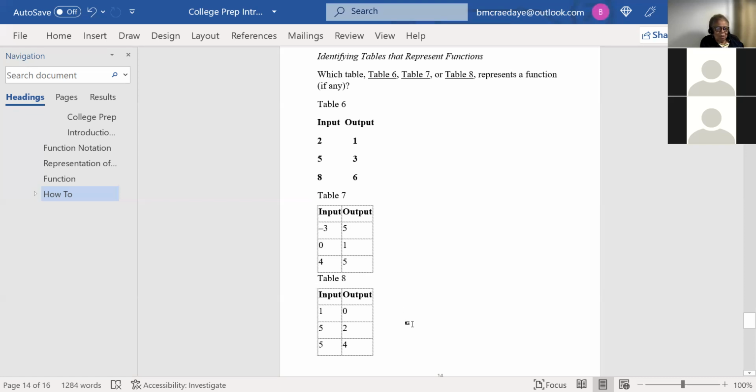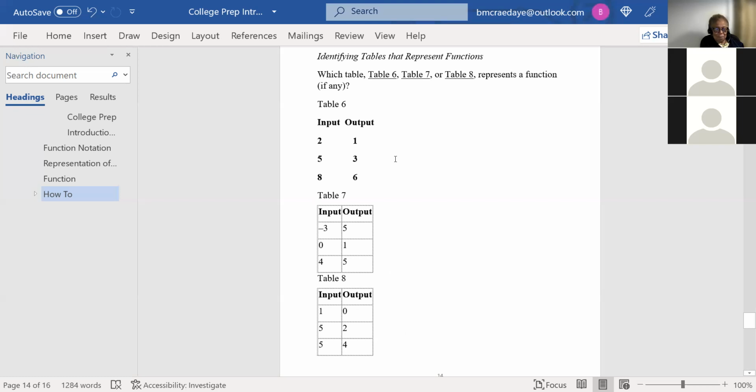Not a function. That's right. Why? Because it has two equal inputs, which is 5 and 5. You have 5 with a 2 output and 5 with a 4. You're right. So table 8, not a function.